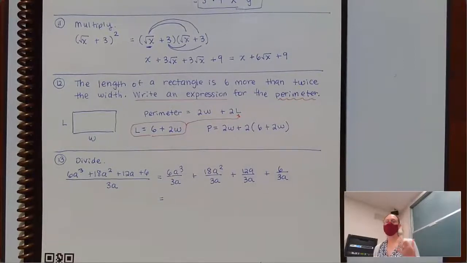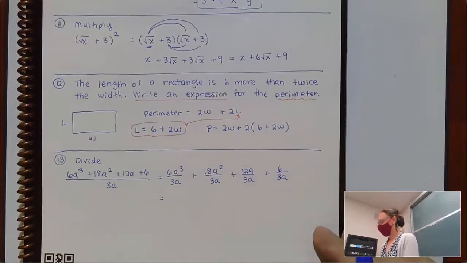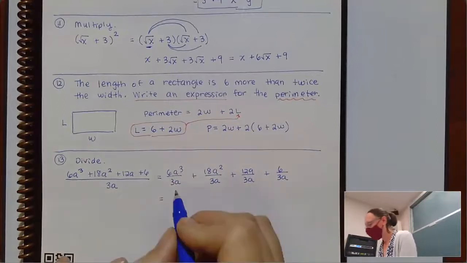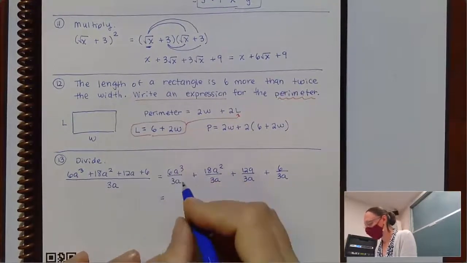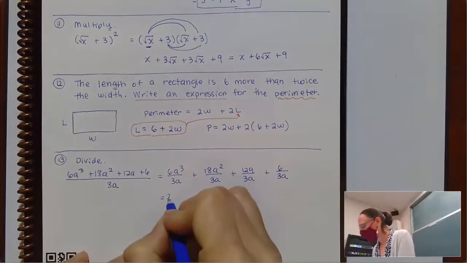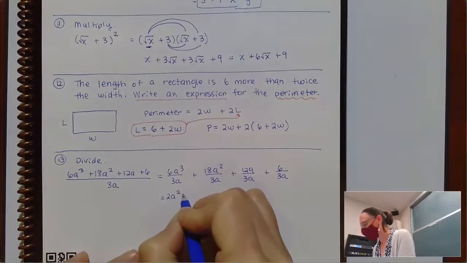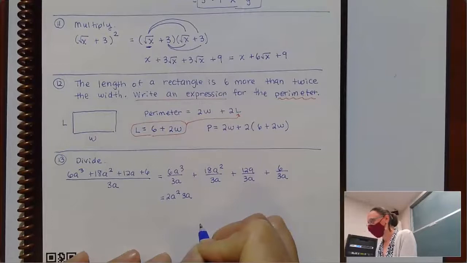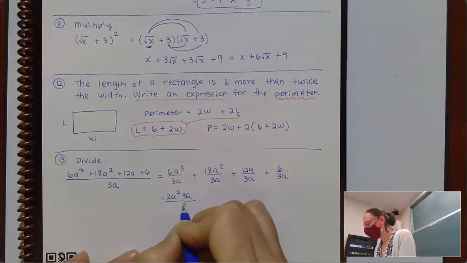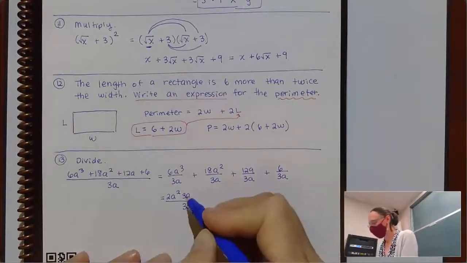I'm just doing it to illustrate what I'm doing. I can think about that 6a cubed as 2a squared times 3a. Now, why am I doing that? Because I have a 3a on the bottom.